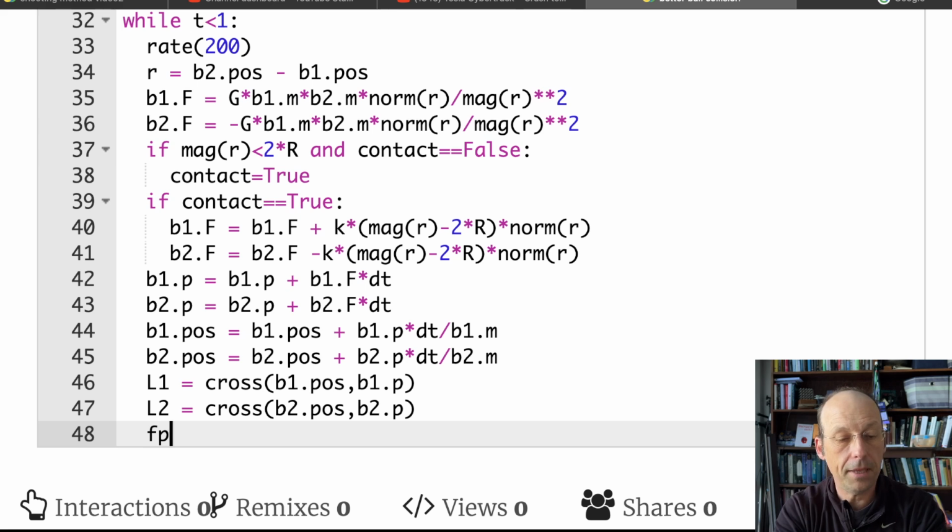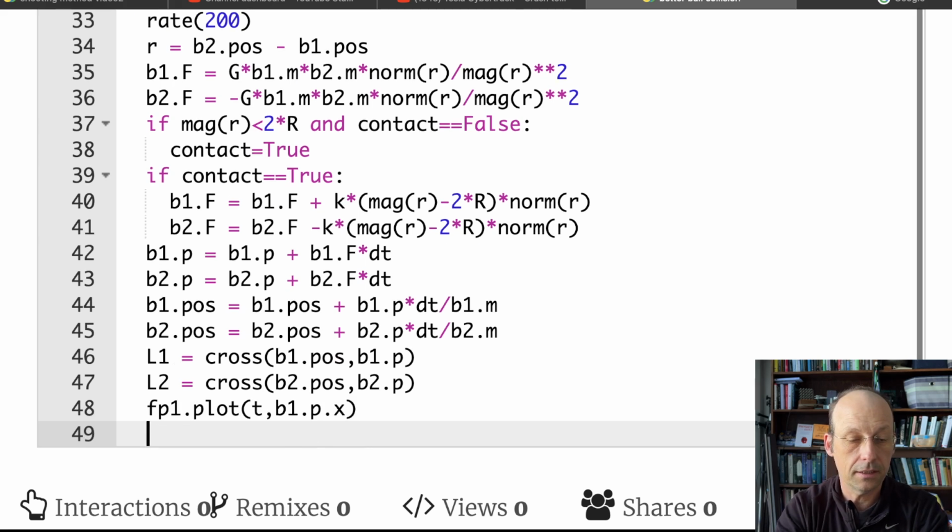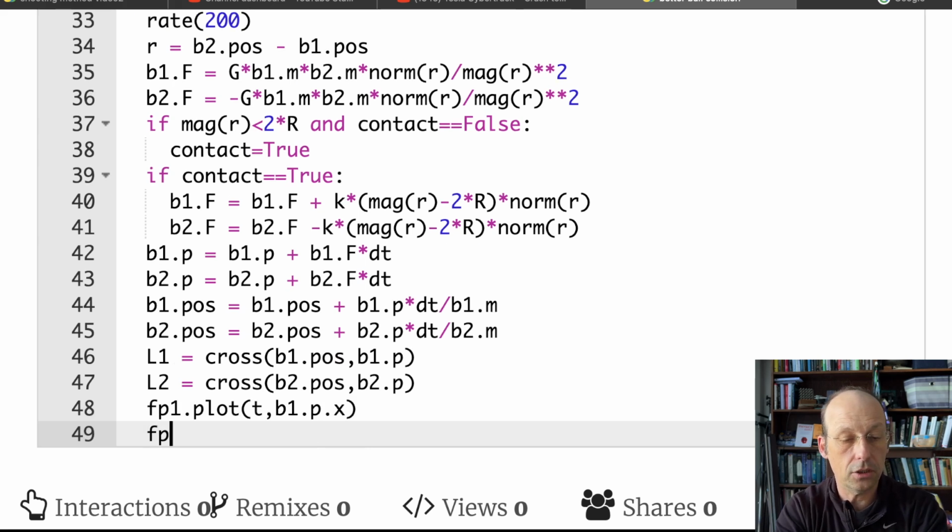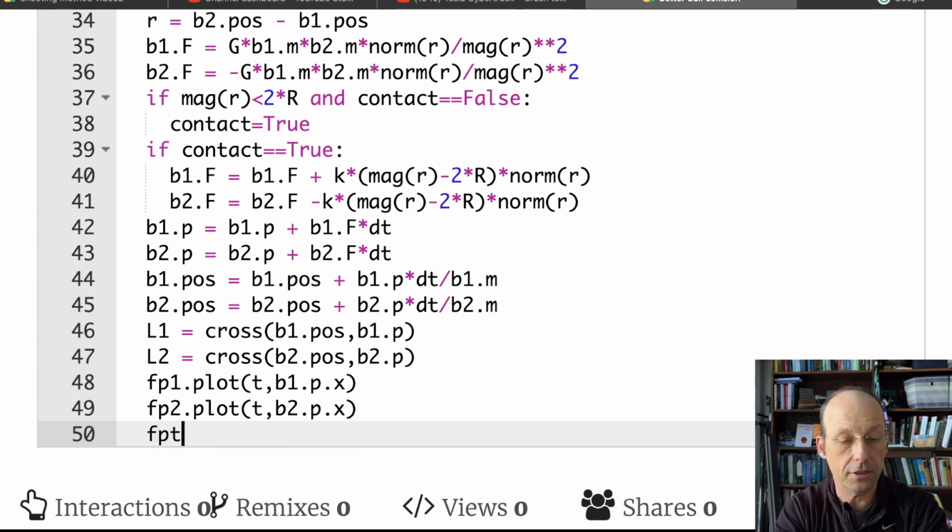So fp1 dot plot t, and then the x component of p1 is b1 dot p dot x. fp2 dot plot t b2 dot p dot x, and then the total fp total dot plot t b1 dot p dot x plus b2 dot p dot x.